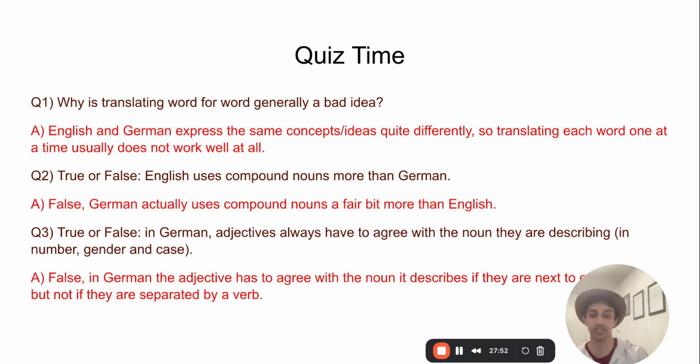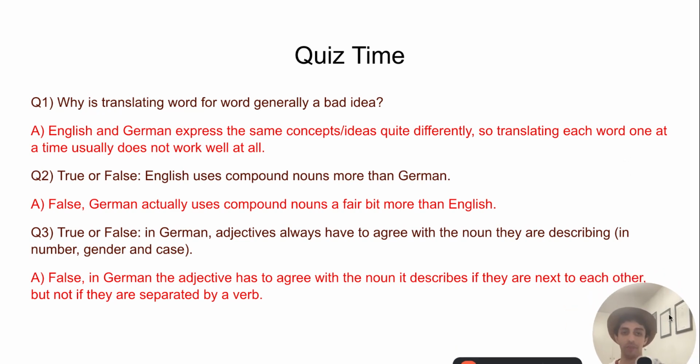In German, the adjective has to agree with the noun it describes if they're placed next to that noun. But if they're separated by a verb at all, then there wouldn't be agreement. The adjective would simply go in its nominative masculine singular form. For example, you'd say, das Haus ist rot, the house is red, but ein rotes Haus, a red house.